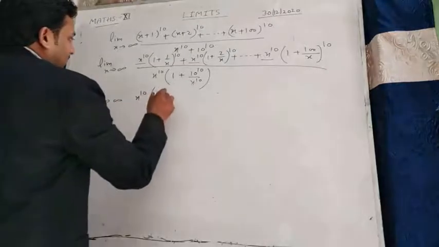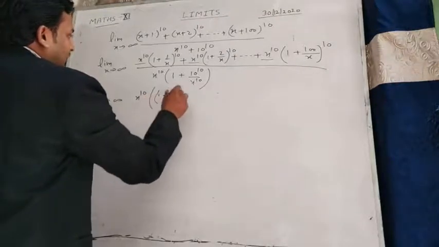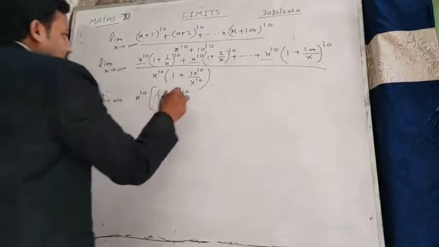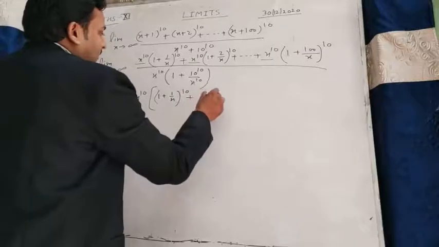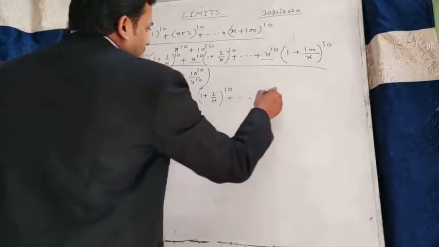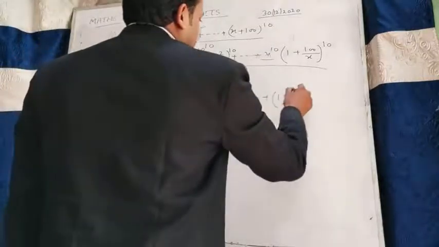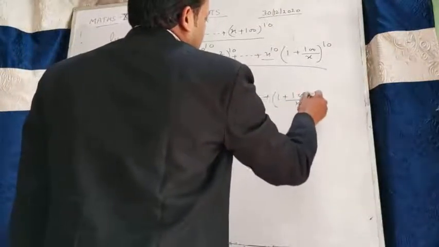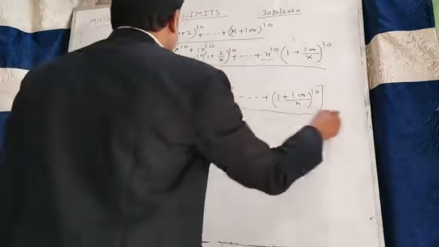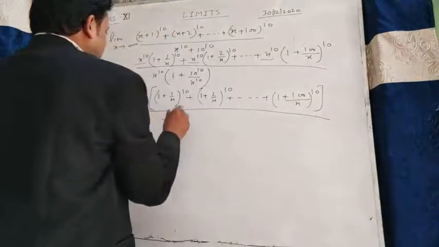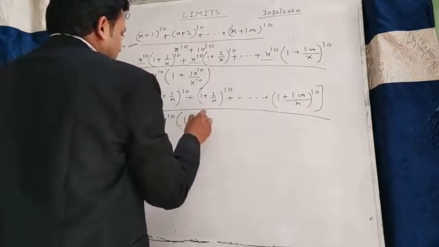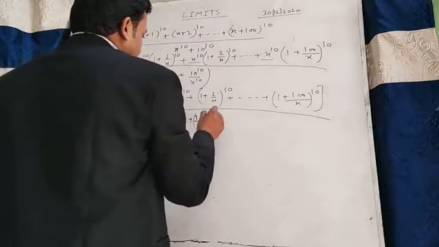We get 1 plus 1 by x to the power 10, 1 plus 2 by x to the power 10, plus dot dot dot, 1 plus 100 by x to the power 10, and divided by x to the power 10, we get 1 plus 10 to the power 10 by x to the power 10.